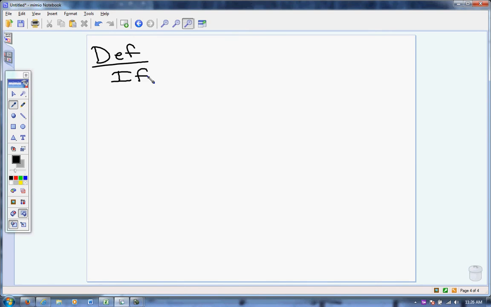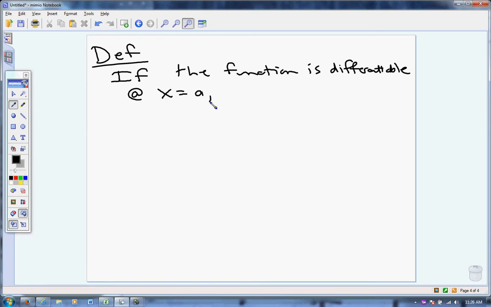If the function is differentiable at x equals a, then the approximating function is the one we just derived.